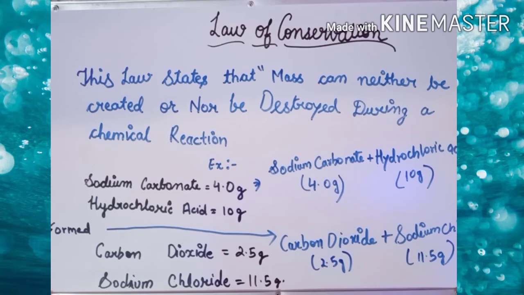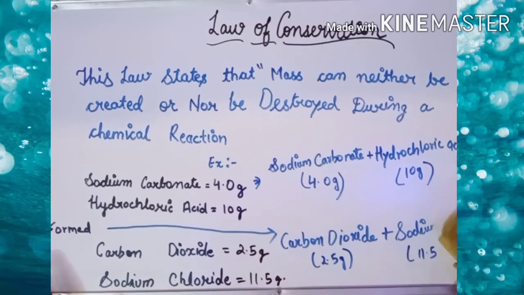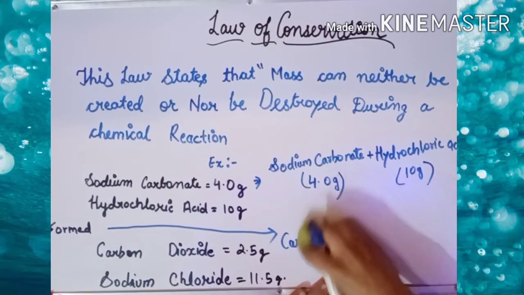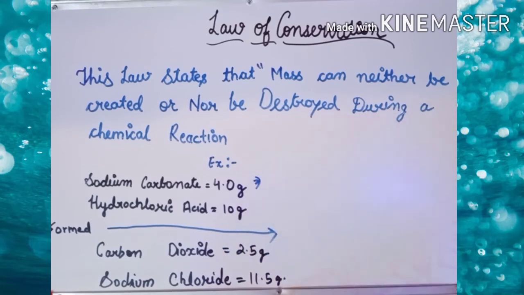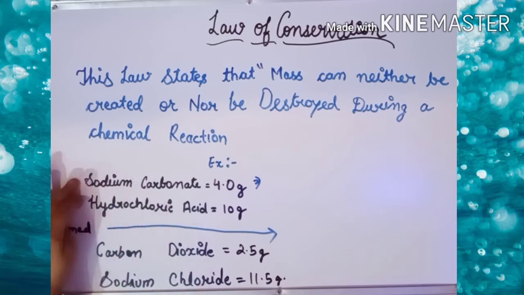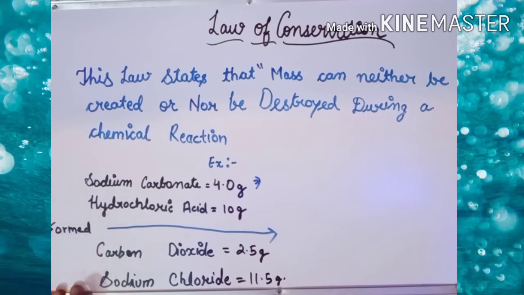Now, how to prove in this question that both are equal? We'll use a formula according to this equation or reaction. We'll add all these reactants. The total mass of reactants, because these are called reactants, and whatever is formed is called the product, right?